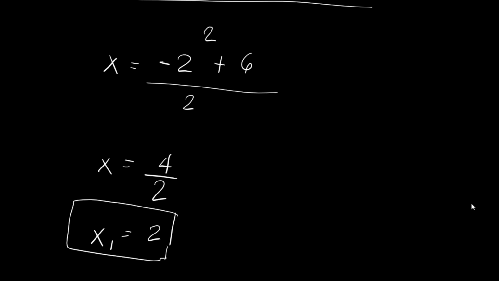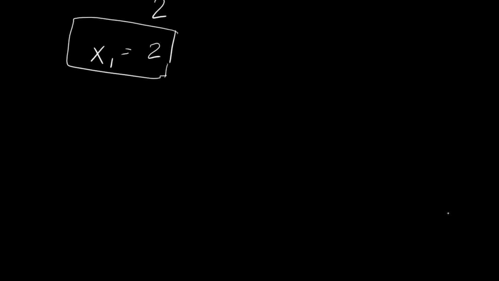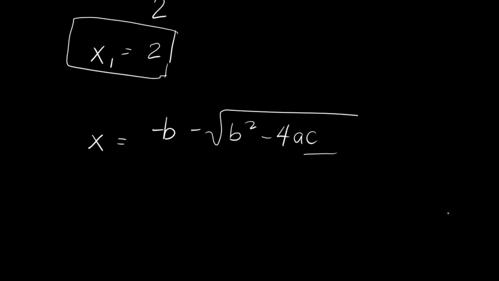At makukuha natin siya if we are going to substitute it to the equation again. So, x is equal to, ano nga ulit yung equation? Negative b minus, di ba plus, minus yan kanina. Kanina nagamit na natin yung plus, ngayon minus naman. Square root of b squared minus 4ac all over 2a.